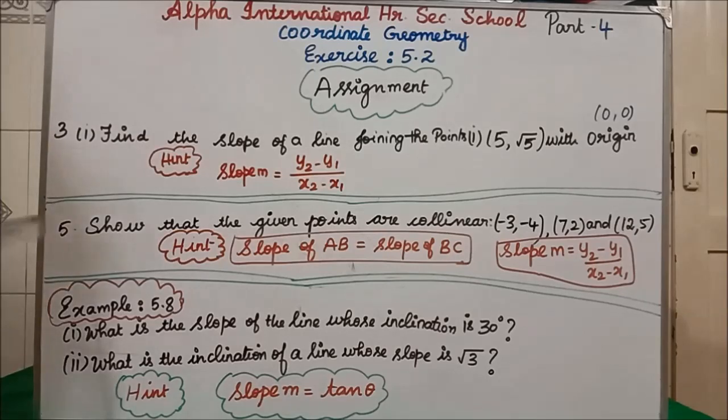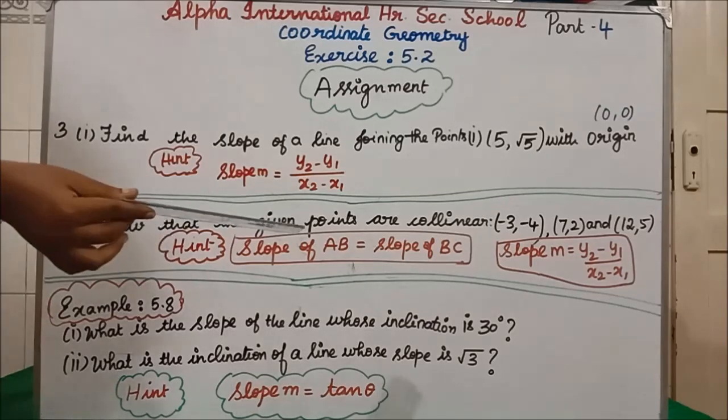Fifth question, show that the given points are collinear. Collinear means, as I have told you, using the concept of slope we have to find slope of AB equal to slope of BC, or slope of AB equal to slope of AC, or slope of BC equal to slope of AC. Any two among the three you can find. I have told you when we were doing the problem.